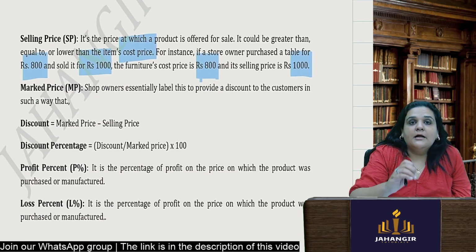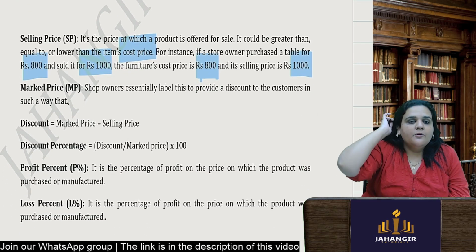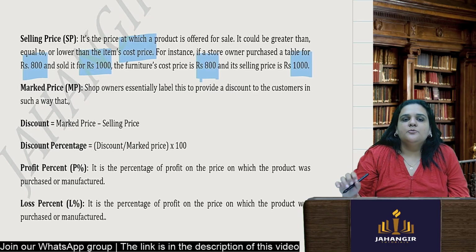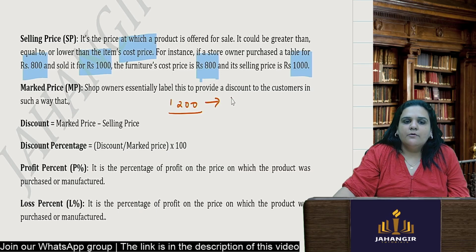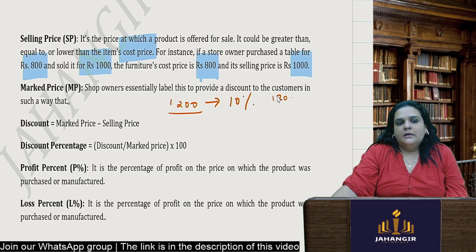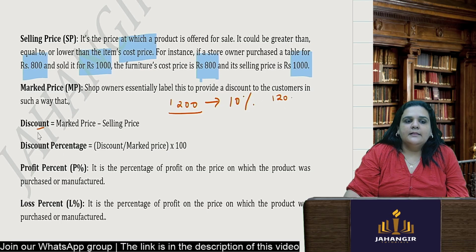Marked price or market price. Shop owners essentially label this to provide a discount. So what they do is they will purposely first write 1200 and then they will say that I am going to give you a discount of 10% on this. So 120 rupees less only you have to pay. So discount will be nothing but your marked price minus, say, selling price is 1100.